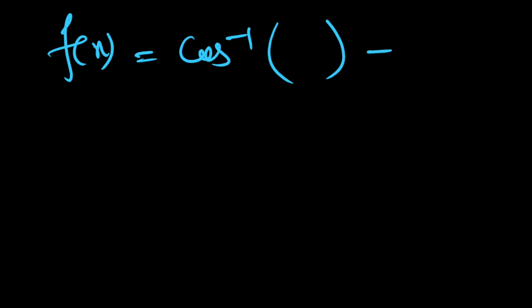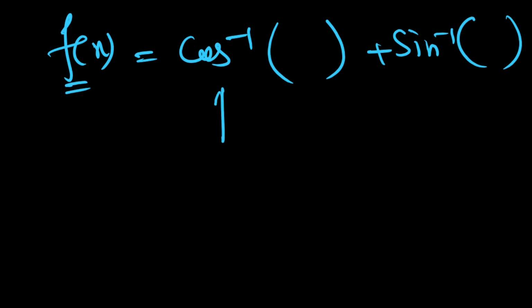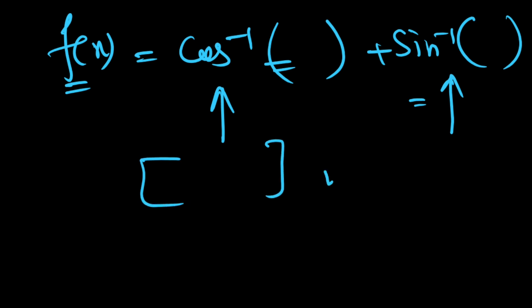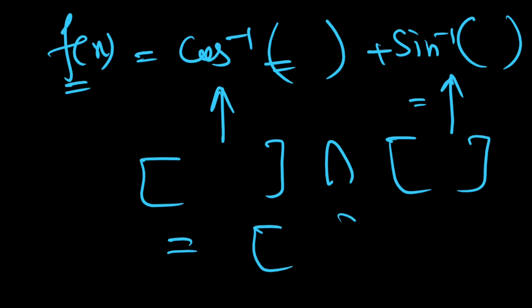So overall, in this question we have a function with cos inverse and sin inverse given, and we find the domain of this function f of x. In this case we individually find the domain of the cos inverse part and the domain of the sin inverse part, then we take the intersection of these two domains, and we get the actual domain of f of x, which is 0 to 3 by 2.